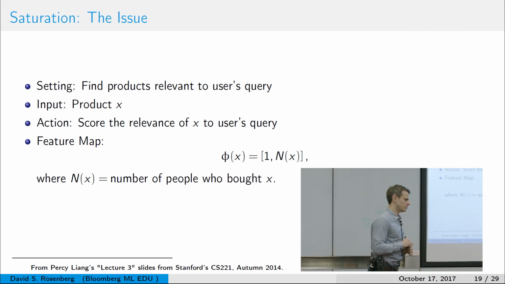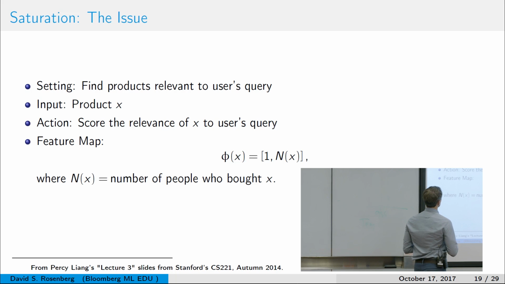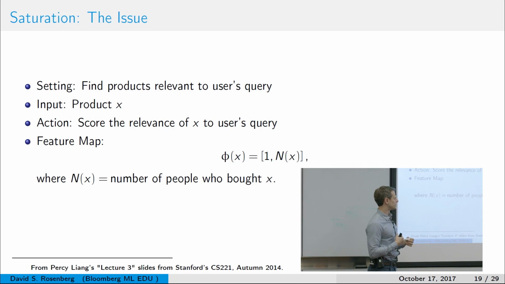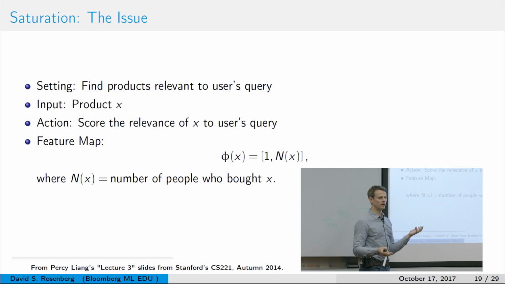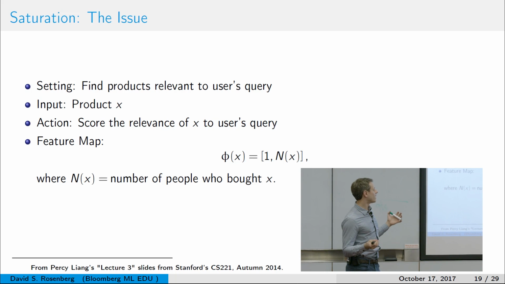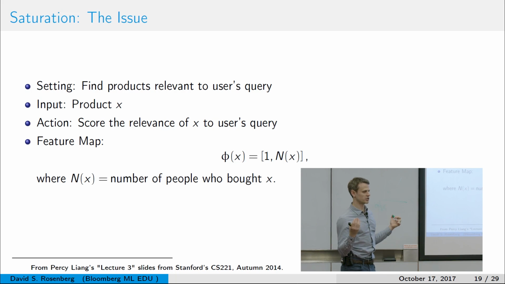The other has 100 people who bought it. A linear model will only be able to make the relevance of the 100-person product 10 times more relevant than the 10-person product.